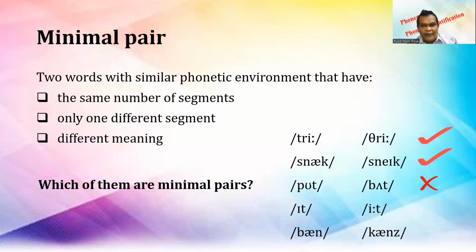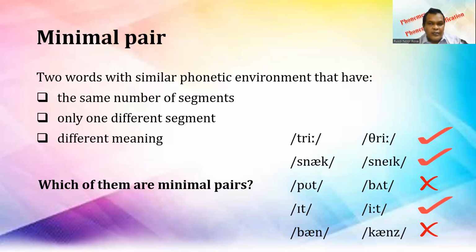You see that these two words have different number of segments, so we can easily say that they are not a minimal pair. So I believe that you know already what a minimal pair is. A minimal pair can be used as a tool to test whether a sound is a phoneme or an allophone.